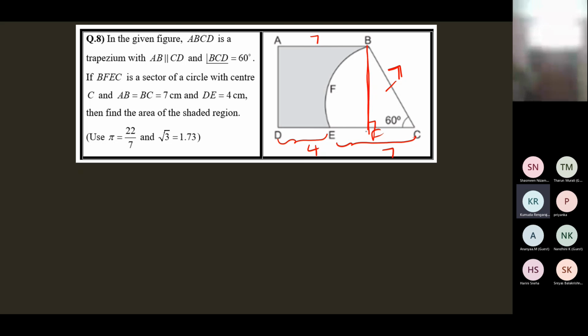Then you can find the area of the trapezium. And you can find the area of the sector, because theta is 60, so it's 60 by 360 into pi r square, where R is 7. So the area of the shaded region will be the area of the trapezium minus the area of the sector.